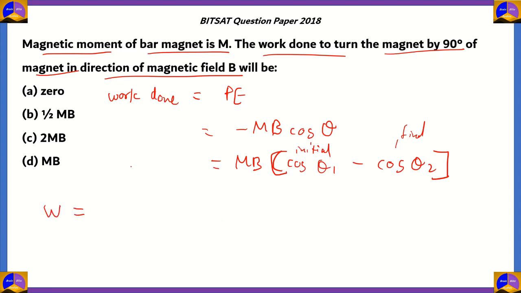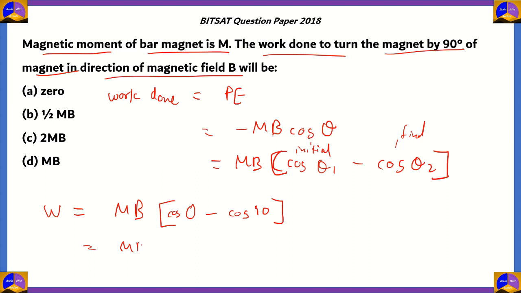The work done here: initially the bar magnet is oriented, say, at 0 degrees, and then the work done is to turn the magnet to 90 degrees. We don't know the value of M or B, so we can just write cos θ1 is cos 0, and cos θ2 is cos 90.